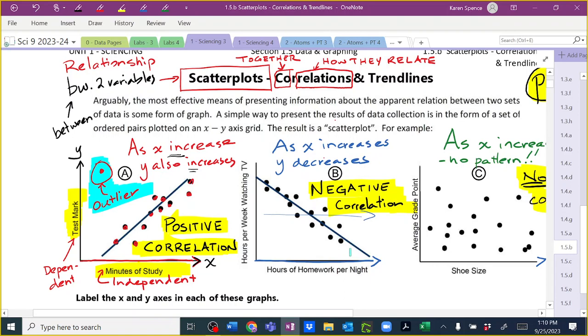Okay, so this line here is called a trend line. Have you drawn trend lines in math? Some of you have, some of you haven't. It probably depends on whether you have math this semester or next semester or whatever.